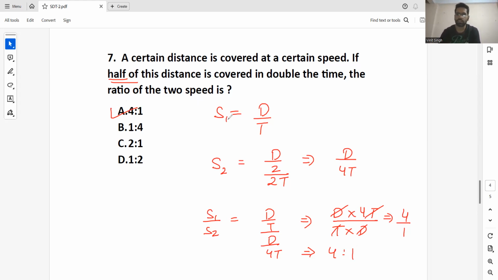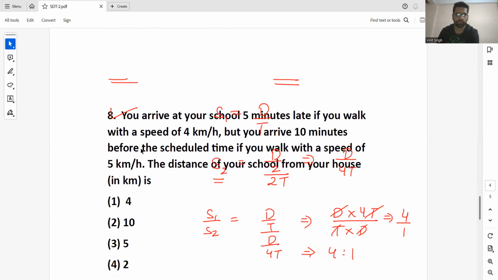The first speed is D upon T. After that, speed 2: half of the distance, half means D by 2, and double the time. Means in the first case he is taking 2 hours, now in the second case he will take 4 hours. So 2T. After solving, we get D by 4T. Now the ratio becomes 4 ratio 1. Next question.